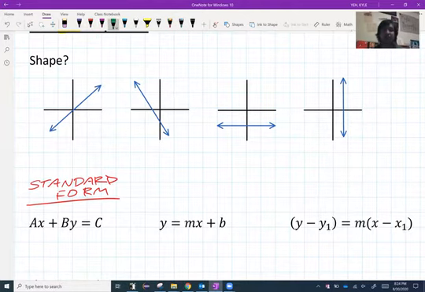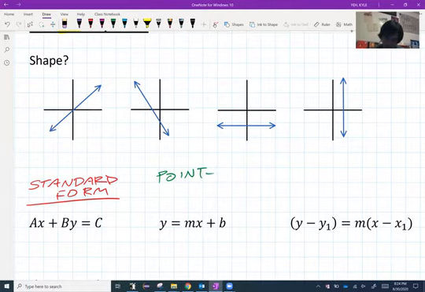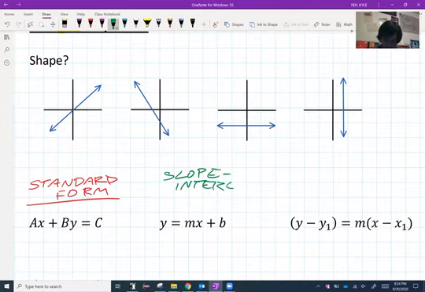The second form of a linear equation on the screen is what we are often most familiar with. We call this one slope-intercept form.